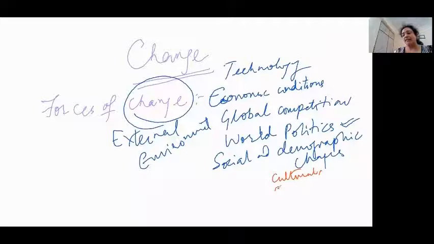Then you have different generations at the workplace. Baby boomers are almost retired now, but then you have X generation, you have Y generation, and the millennial generation is joining, and soon Z generation will also be joining. So when there are people from different generations at the same workplace, definitely the perception, attitude and behavior of these people varies.